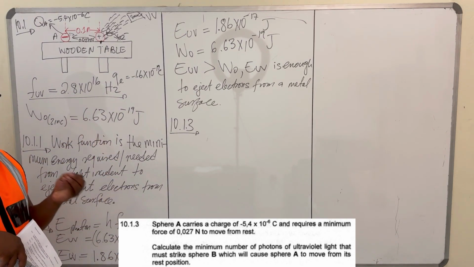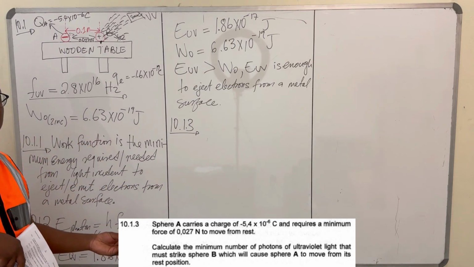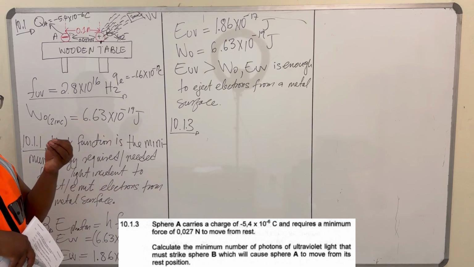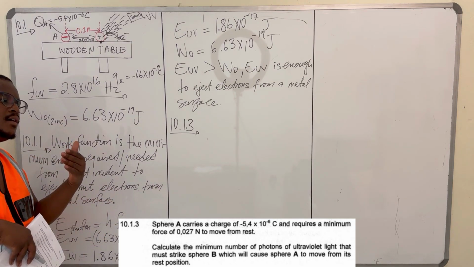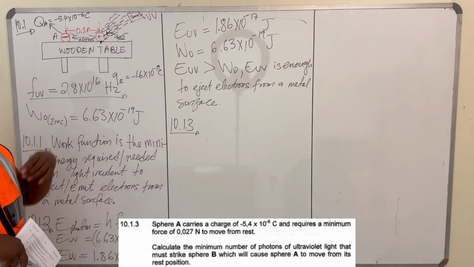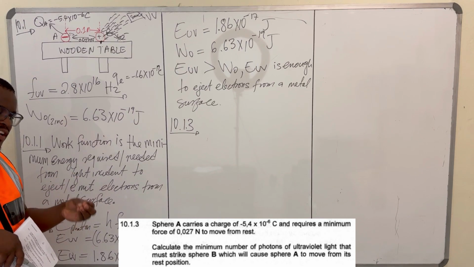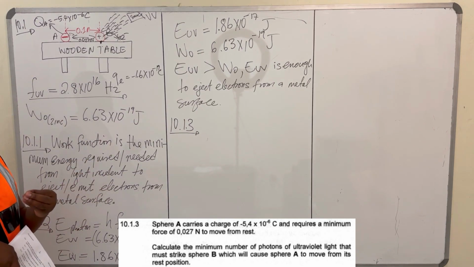Once you know how many electrons were removed, you will know how many photons were incident to our metal, because each photon is responsible for removing each electron.